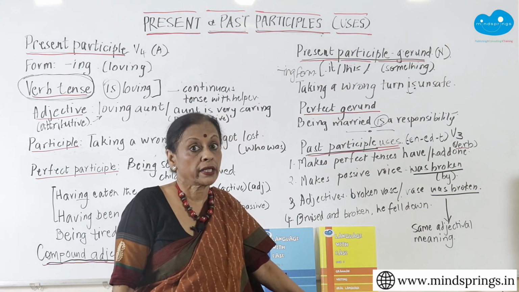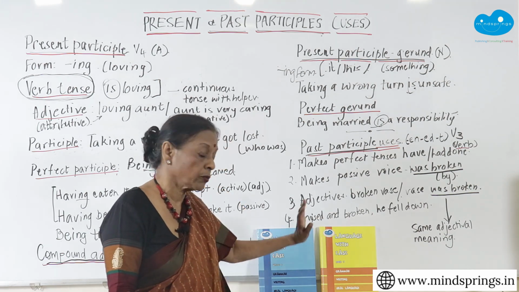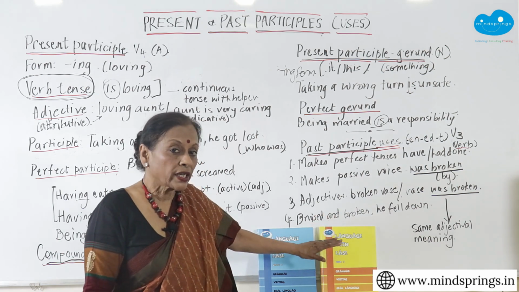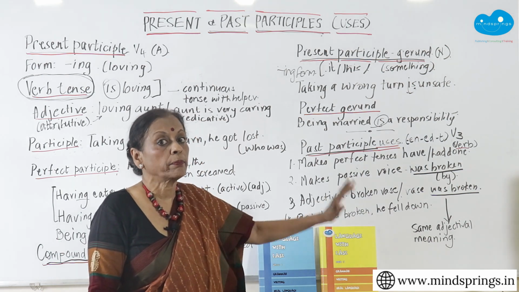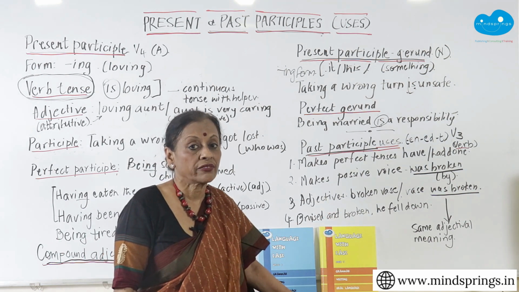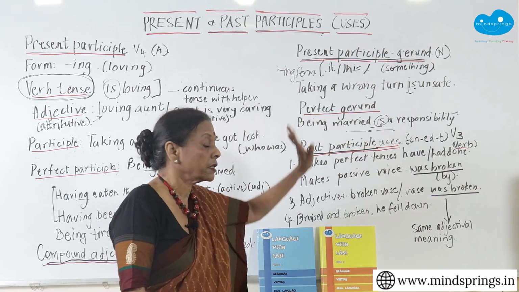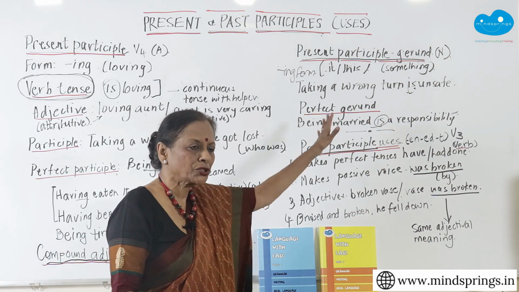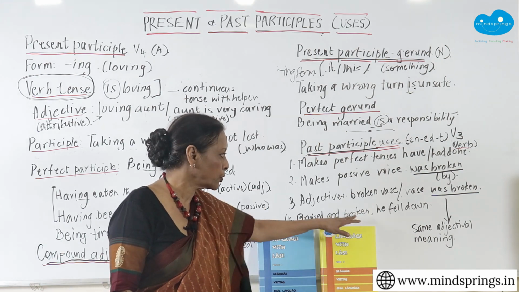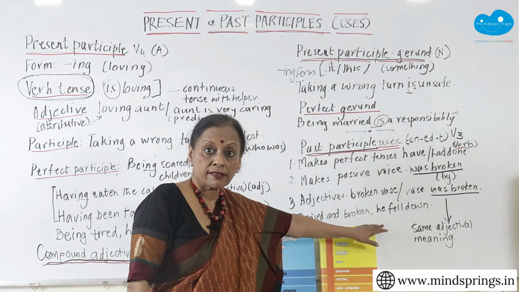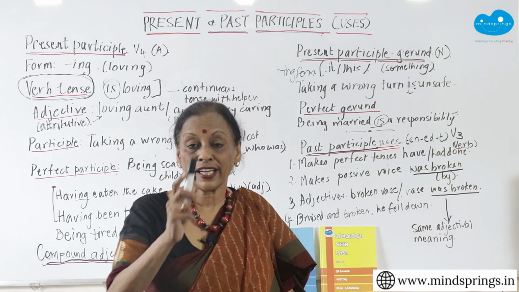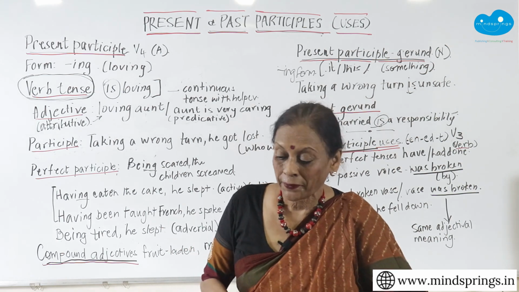If you can put a verb there, tell me how you will put a verb for bruised and broken, but I don't think you can. So, it will probably only be in an adjectival function, it will never become a gerund. It will never become a gerund. Gerund has to have an ing. So, broken and bruised, if you find this, it will always be a past participle phrase, adjectival phrase.